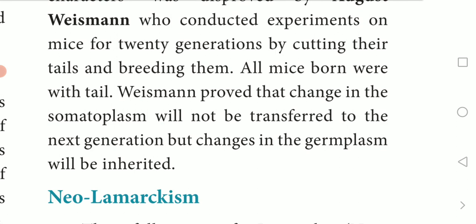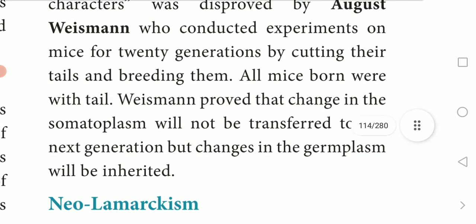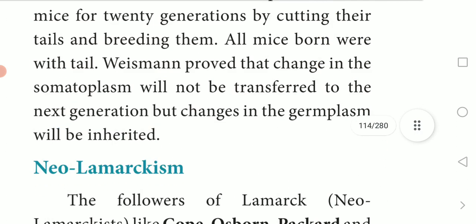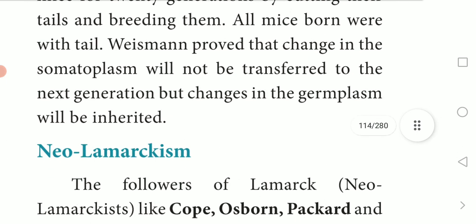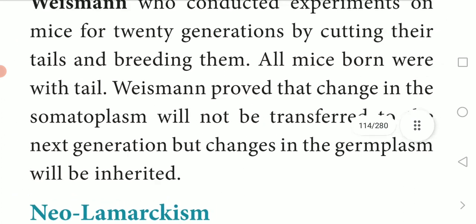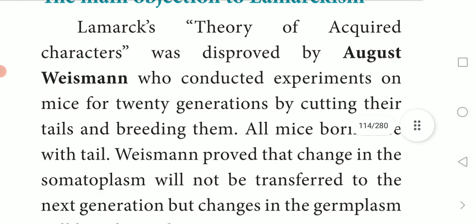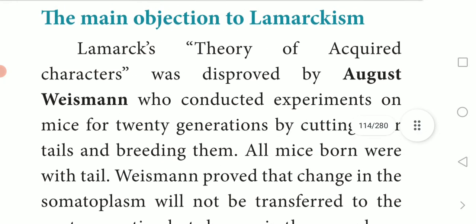Acquired characters means whatever characters they acquired in their lifetime will be passed on to the next generation. That is called the theory of inheritance of acquired characters.